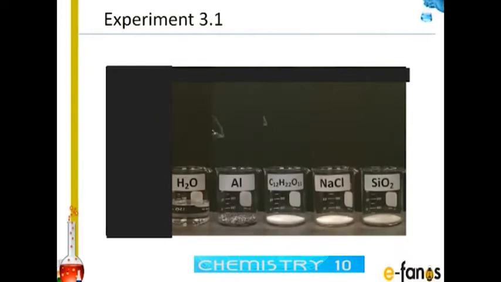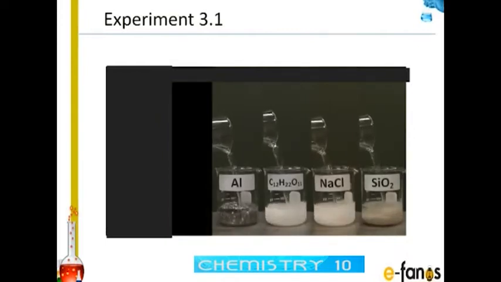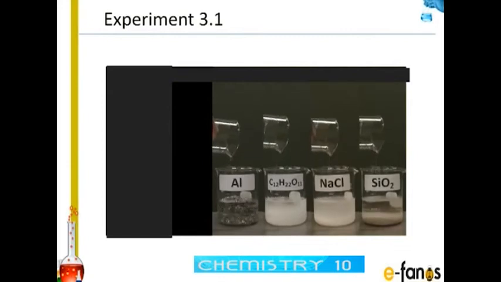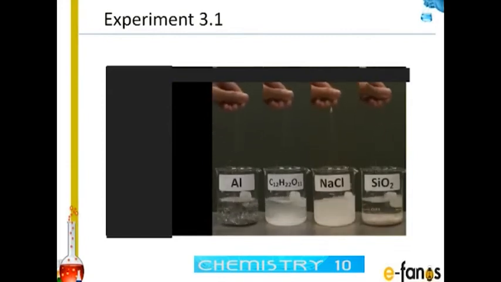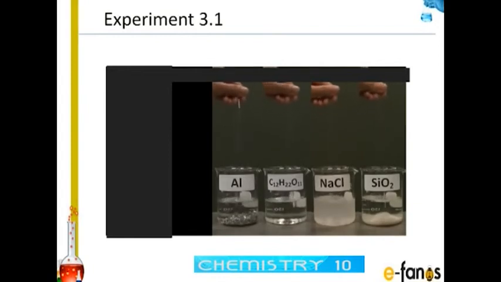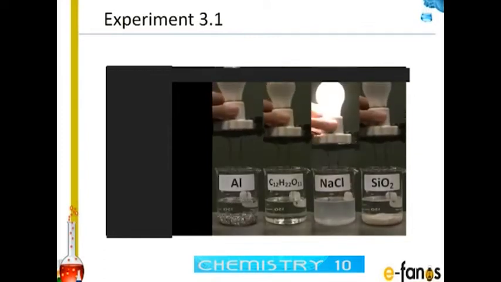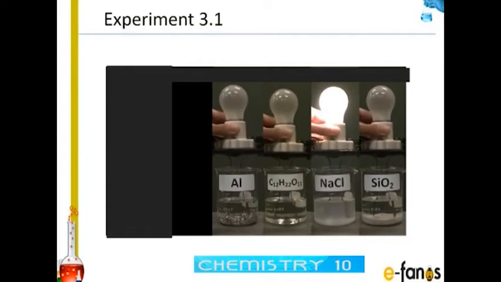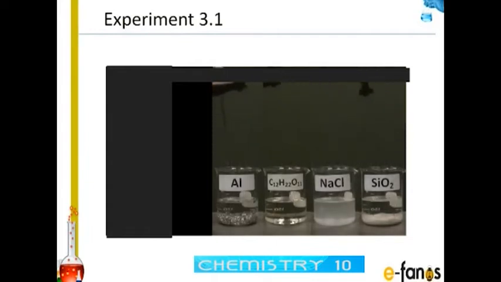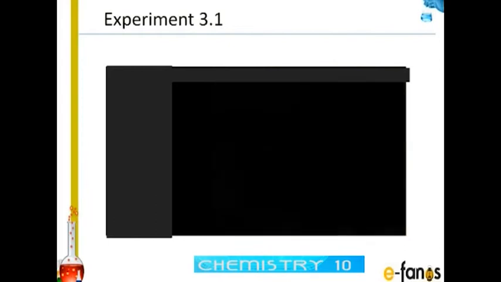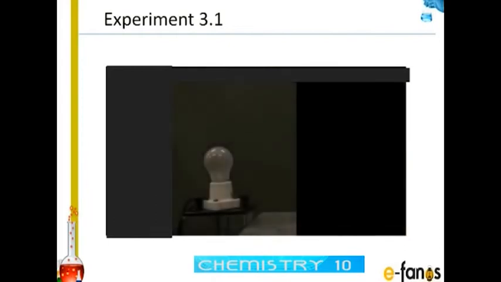So now we're creating aqueous solutions. So you can see some of these materials do not dissolve. So now when they test the solution, we see that our sodium chloride is the only conductor in solution. Again, our control, the light bulb turns on when it touches metal. So now we're testing some solids.